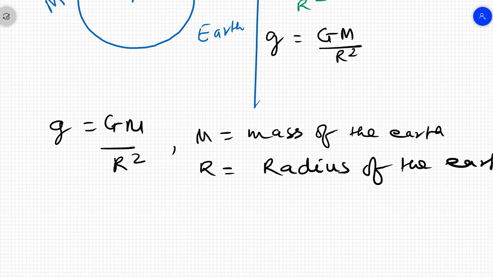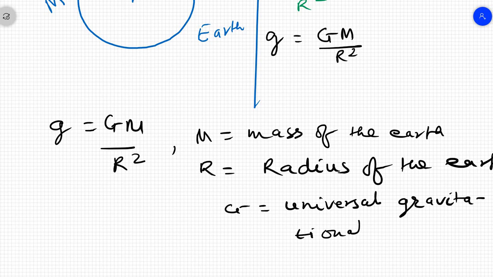As you all know, capital G is the universal gravitational constant, which is the same everywhere in the universe.